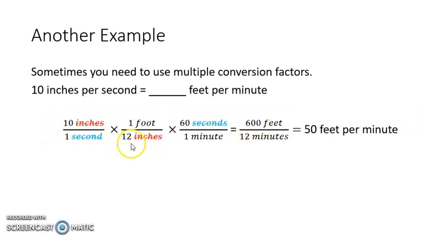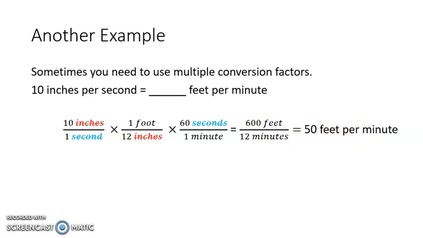And then 1 times 12 times 1 is 12 minutes. Then finally, I did divide 600 over 12 because they wanted feet per minute, and the per indicates that they want 1 minute on the bottom. So all I did was 600 divided by 12 is 50 feet per minute.